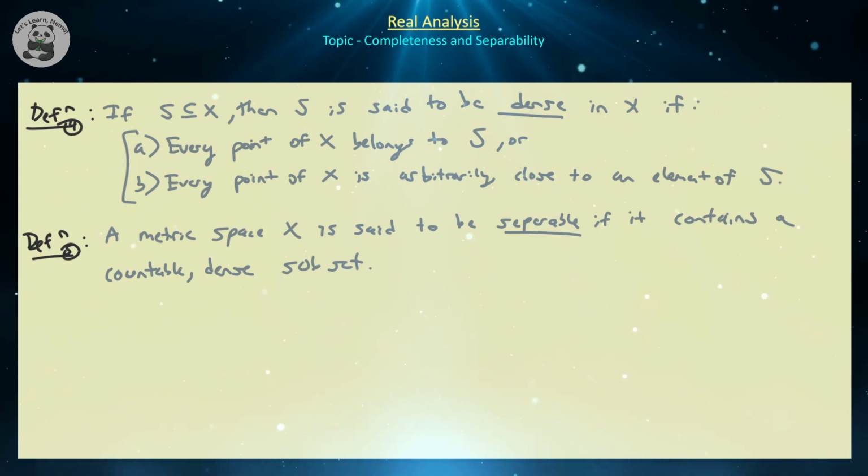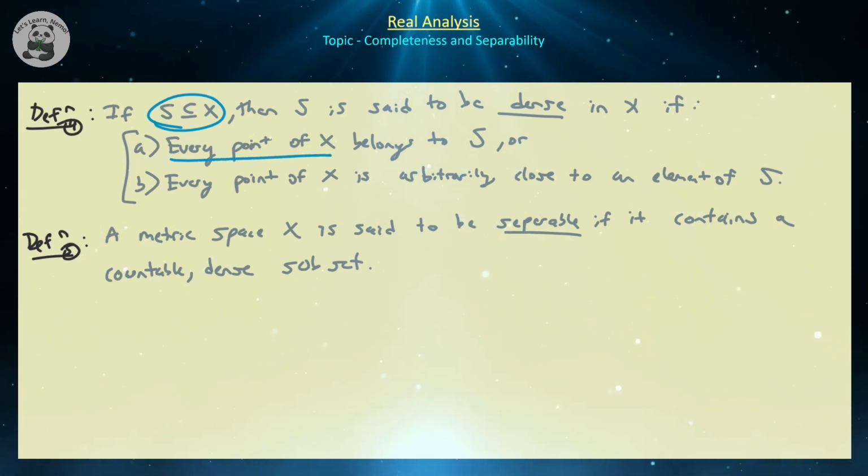So, we say that a subset S of a set X is dense in that larger set X if either A, every point of that bigger set belongs to that set S, i.e. they're equal, or B, every point of X is arbitrarily close to an element of S. Right?